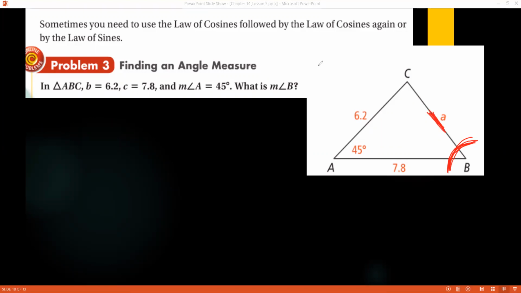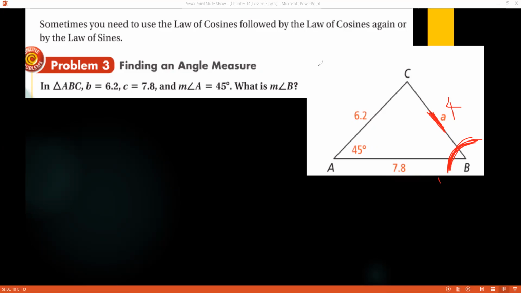Or no, you can use it here. Sorry, since you have the three sides, if you have two sides or the measure of three sides and you want to find any of the angles, you have to use the law of cosine.